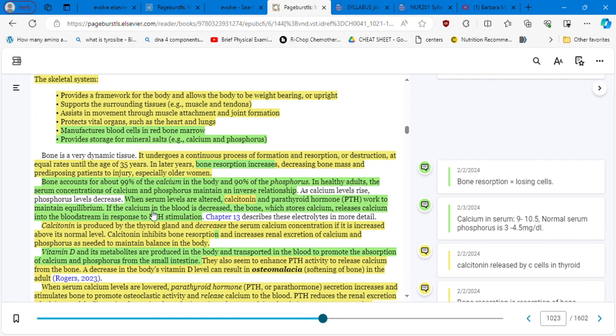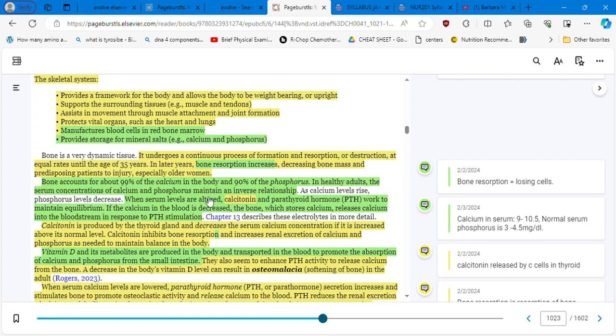If the calcium in the blood is decreased, the bone, which stores calcium, releases calcium into the bloodstream in response to PTH stimulation.